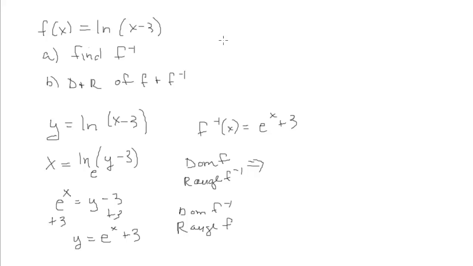Okay, f is a log function, and x minus 3 must be positive. So x must be greater than positive 3. So the domain would be all real numbers greater than 3. If I want to use interval notation, I would say 3 to infinity.